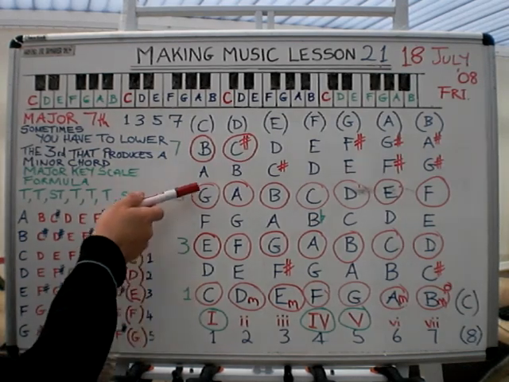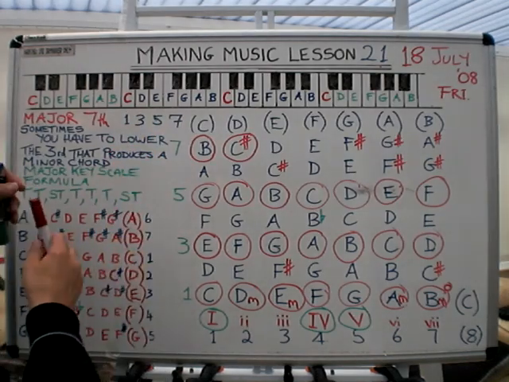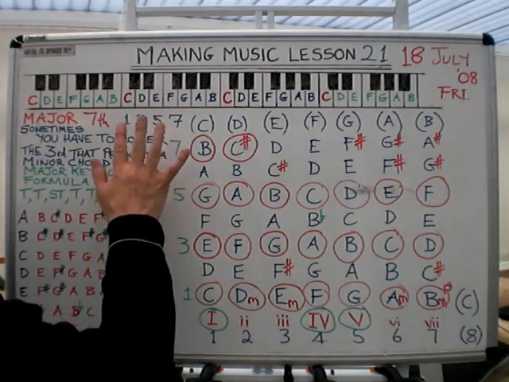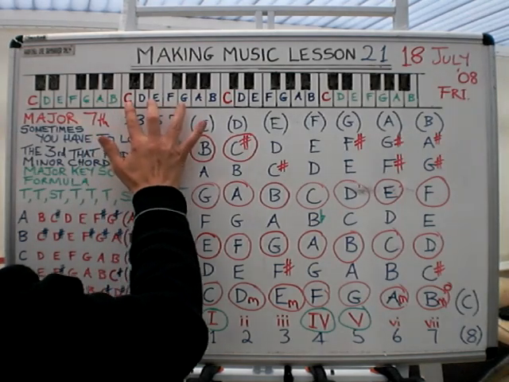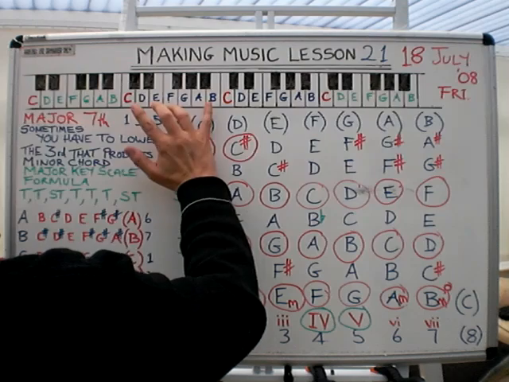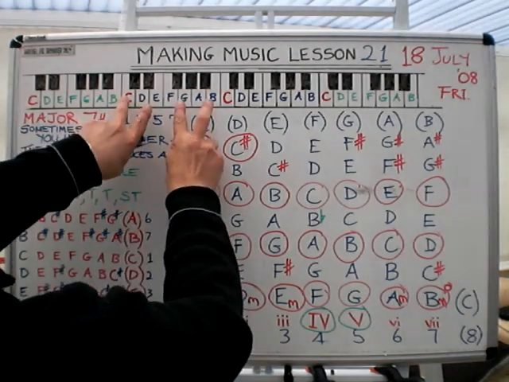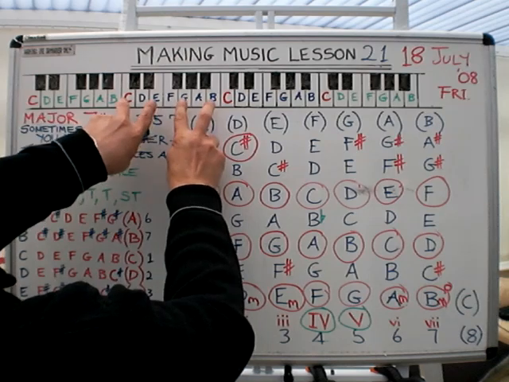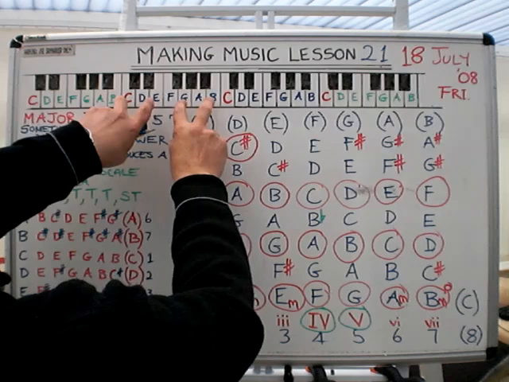Let's go back here and show this on here. I'm going to have to use 4 fingers if I can spread them. We've got a C, E, G, and we've got the B included too. So I'm just going to use 2 fingers there, 2 fingers there. C, E, G, B. That is a C major 7th chord.